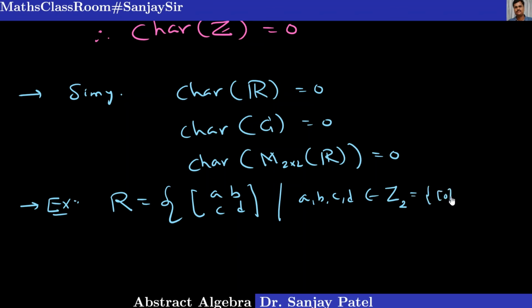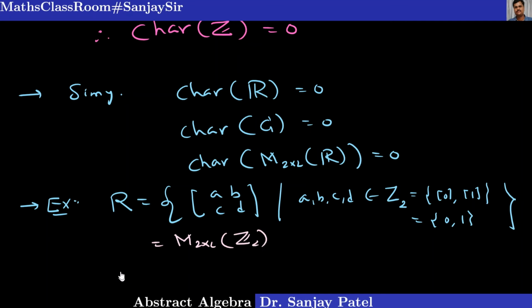I will write class 0 and class 1 for simplicity as only 0 and 1. We have already mentioned in our earlier videos that this R is M2 cross 2 with entries in Z2.